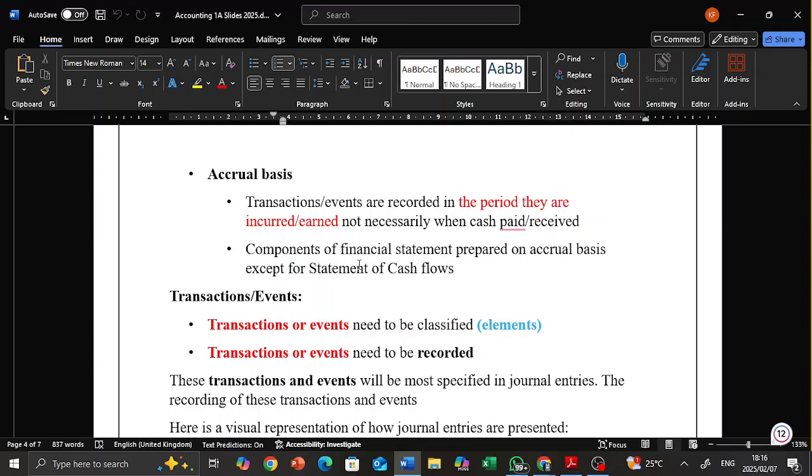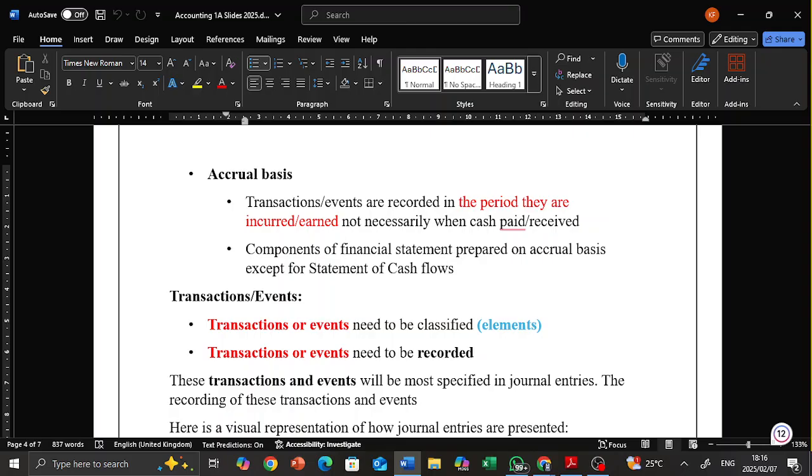The accrual basis of accounting says that you need to record transactions or events when they happen, even if the money for them has not yet been given or received. Does that make sense, people? That is what the accrual basis of accounting says.